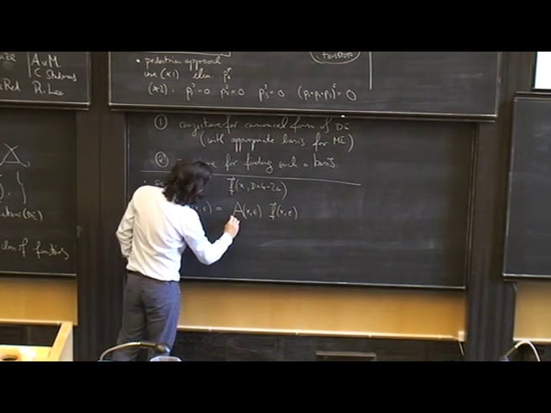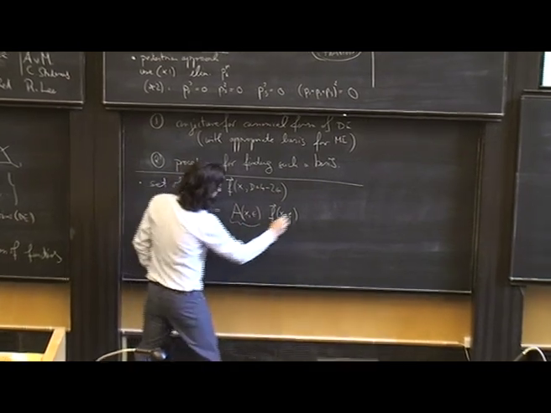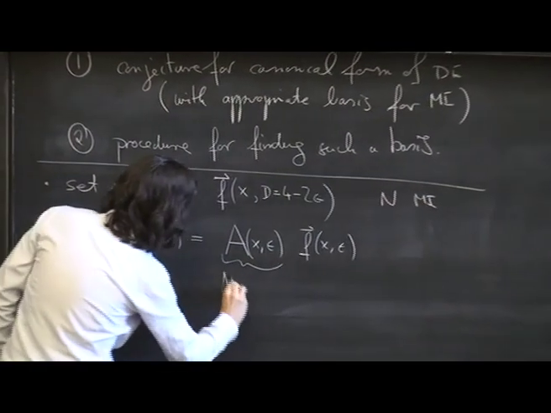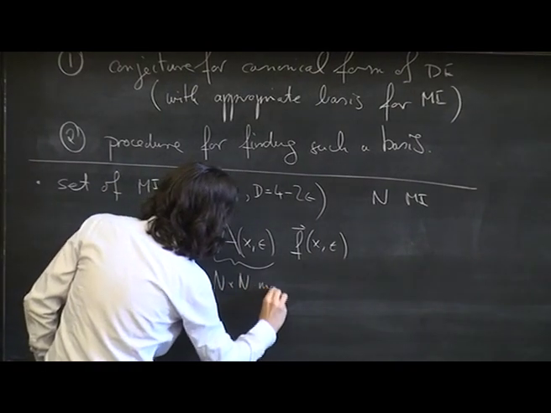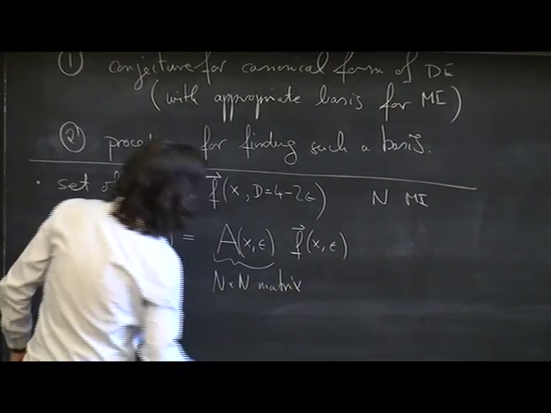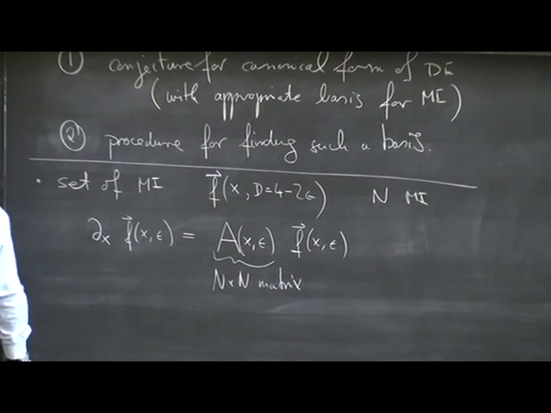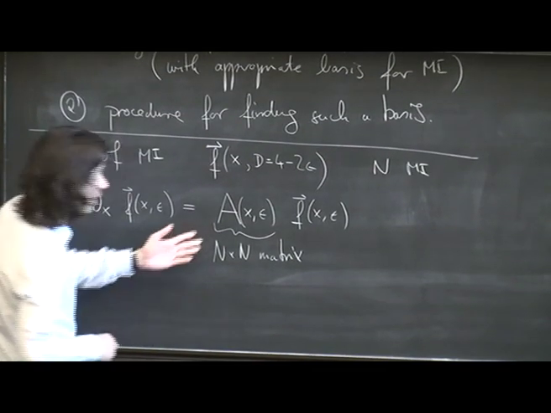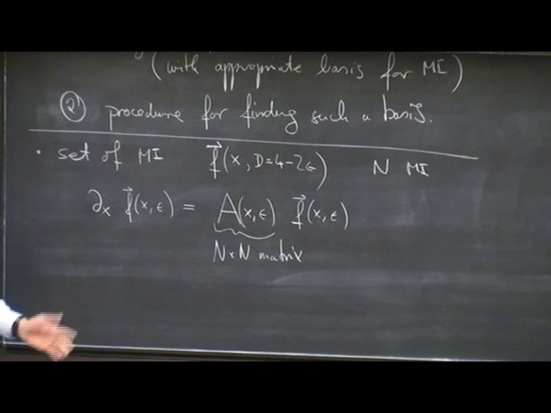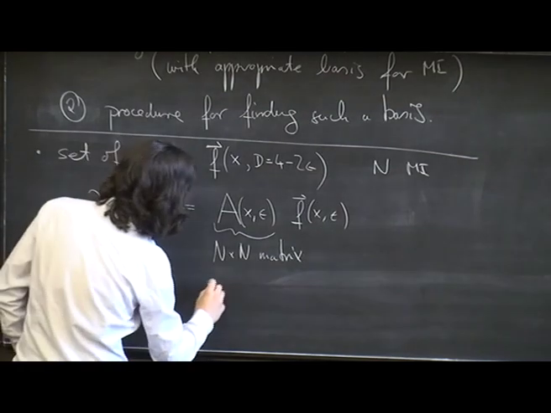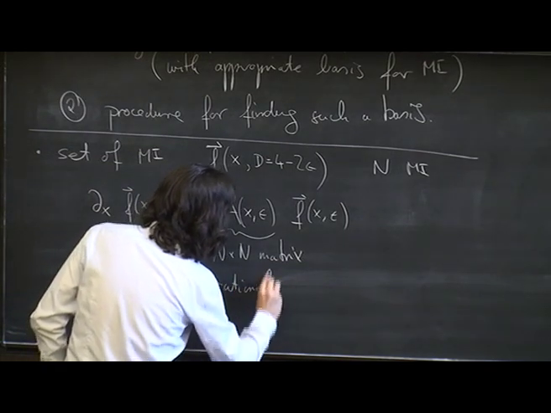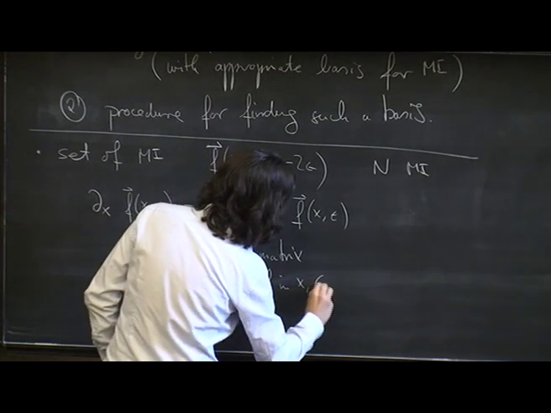So this is some matrix. If I have n master integrals, this would be some n by n matrix. One can say a little bit more about the nature of this matrix. In particular, if you look at the way we derived IBP relations, you can convince yourself that this matrix will be rational in x and epsilon.